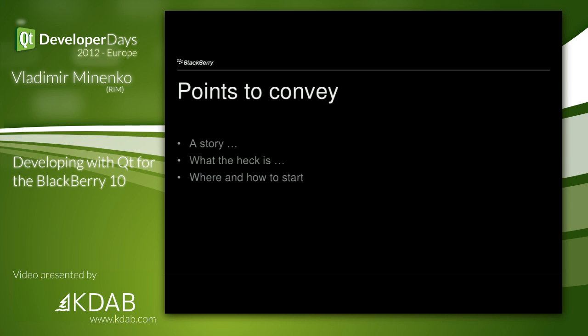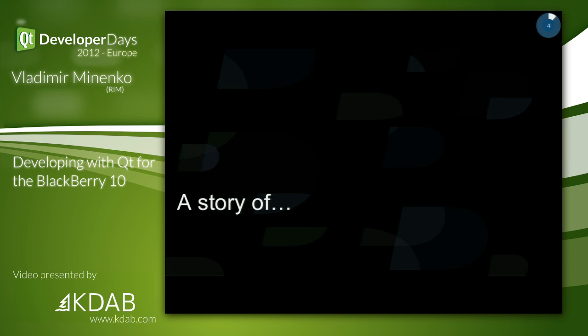I heard from some people that they don't know what BlackBerry 10 is and what Qt is doing there, what RIM is. BlackBerry, no, okay, but what is RIM? The last thing which you should keep from the presentation is where to go and how to start. So three simple things. And I will start with a story.